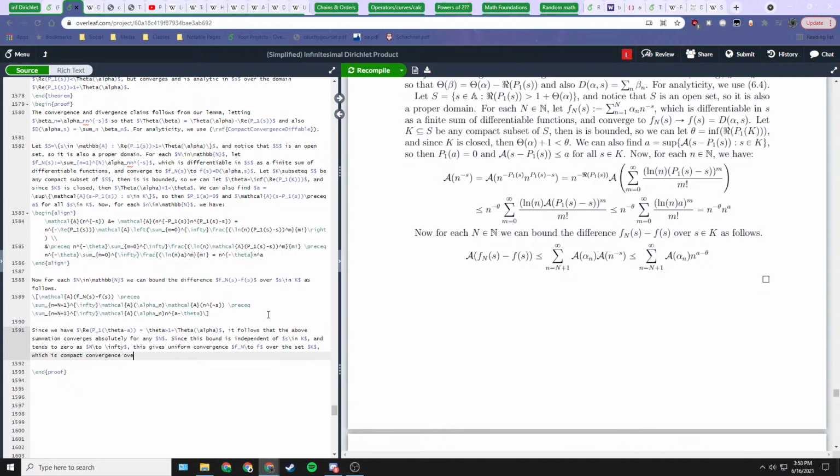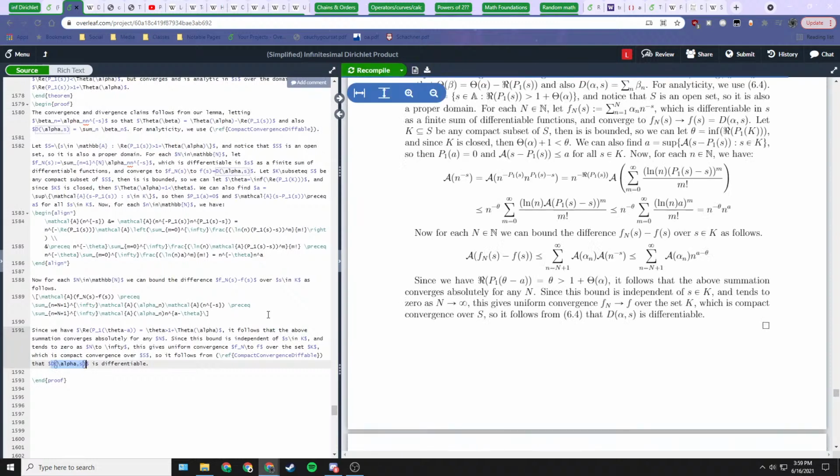So it follows from this theorem, compact convergence gives us differentiability. F is differentiable, so d alpha s is differentiable. Let's also be a little less redundant with our f of s function.